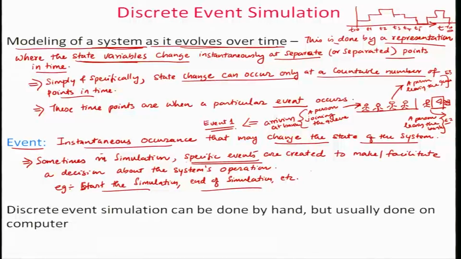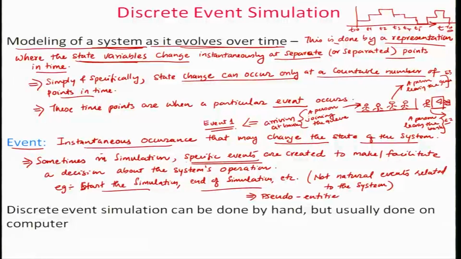They are not natural events related to the system. Hence some people also call these pseudo entities. When somebody says pseudo entities, we are referring to these kinds of entities which are not really natural events related to the system, but are created to facilitate a decision about the system's operation, whether the simulation needs to be started or ended, that kind of thing.